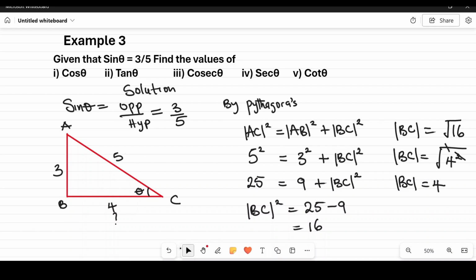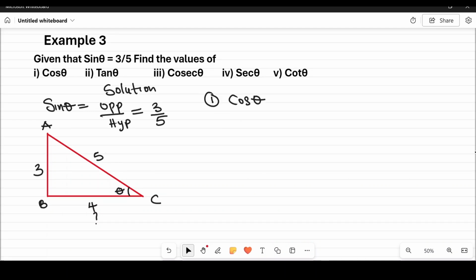Now we can find our cosine, tan, and other ratios. Since we have obtained the 3 sides of our right angle triangle, let's now obtain the ratios. So cos theta is equal to adjacent divided by hypotenuse. And from our right angle triangle, our adjacent is side BC, which is given as 4, and our hypotenuse is side AC, which is given as 5.